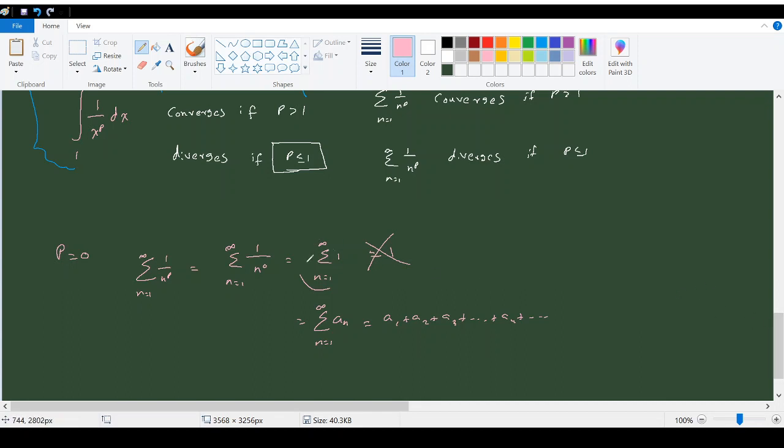So if we have a series with a constant like this, that means our an sequence is the constant sequence 1. Our an sequence will be a constant sequence which has got 1 in each and every position, right?